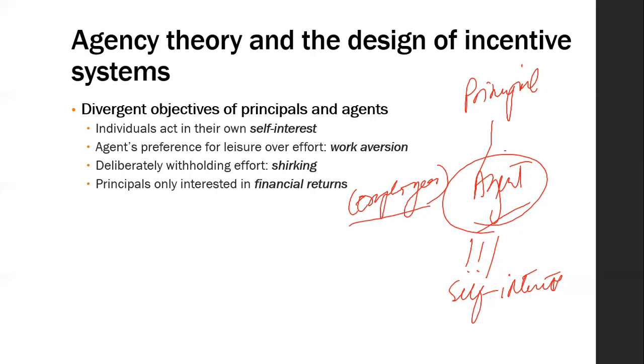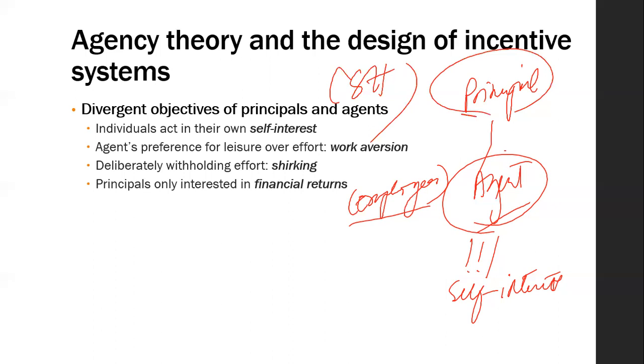However, principals, meaning shareholders, have only one objective, which is financial returns. Shareholders are not affected by whether they are averse to work or like leisure over effort. At the end of the day, shareholders want financial returns.